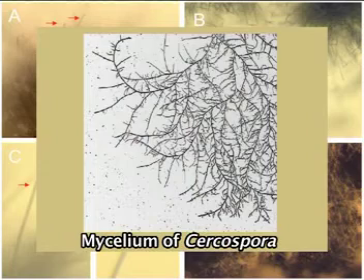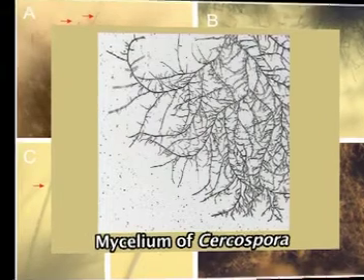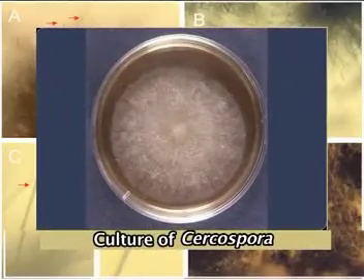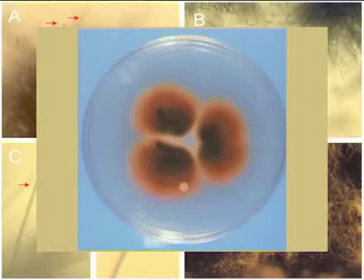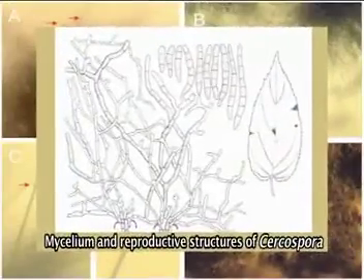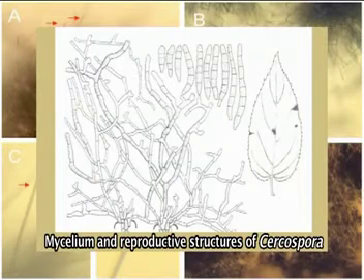The mycelium of Cercosporous fungi is branched and septate. When the mycelium is grown in culture, it is hyaline initially and turns greenish brown at maturity. They can live as parasites or saprophytes. When the fungus infects the host, the hyphae are cylindrical and branched.